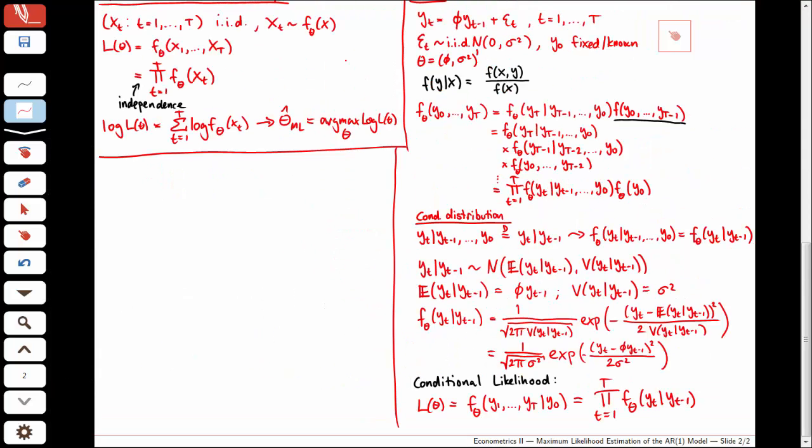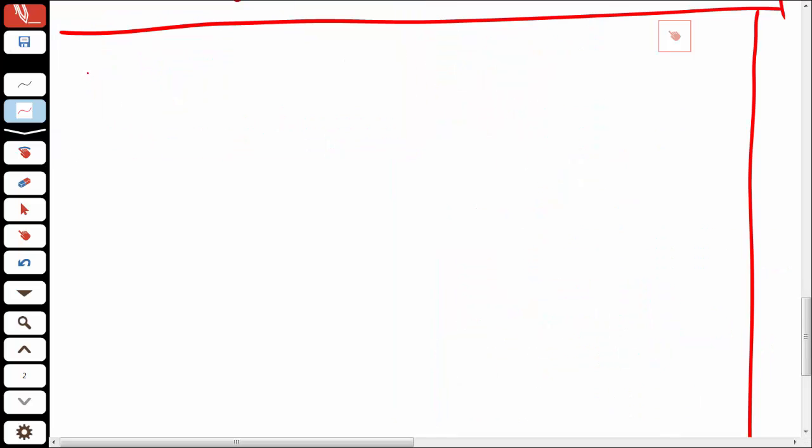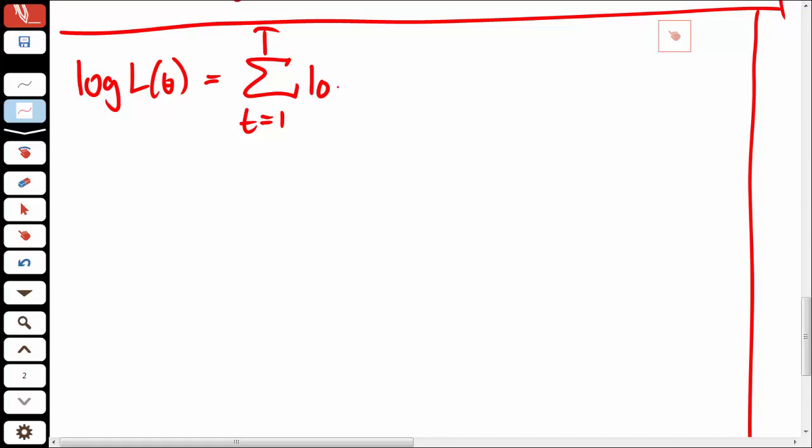Lastly, we can consider the maximum likelihood estimator of theta. The log likelihood is simply just the sum of the log likelihood contributions.